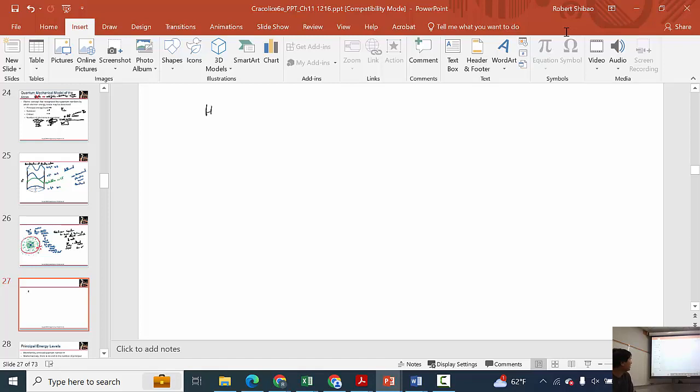So for the hydrogen atom, the energy just depends on n. So what we can do is this for the hydrogen atom. We have the psi 1,0,0, and in our code we call that the 1s orbital. And this is going to be energy going up here.